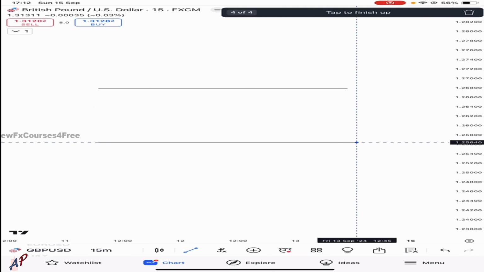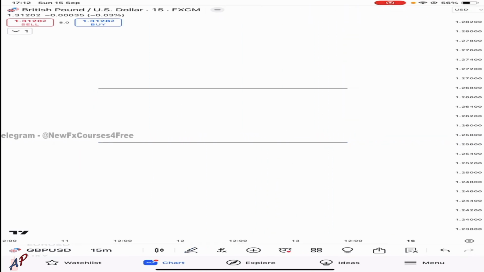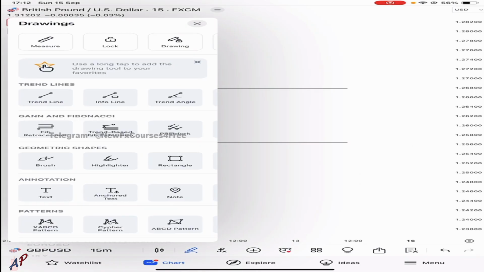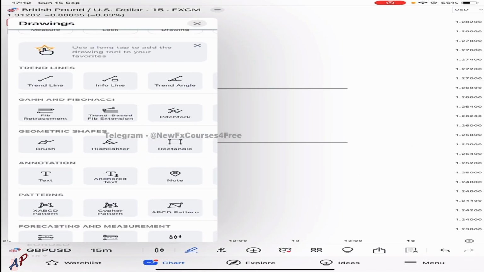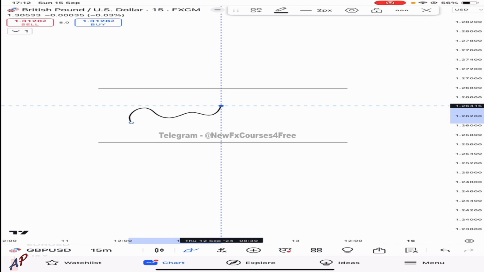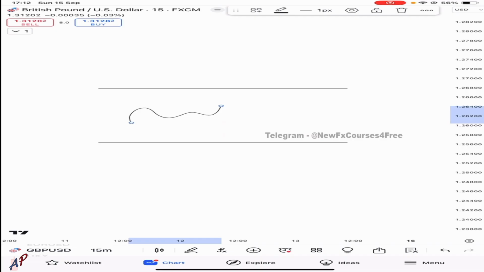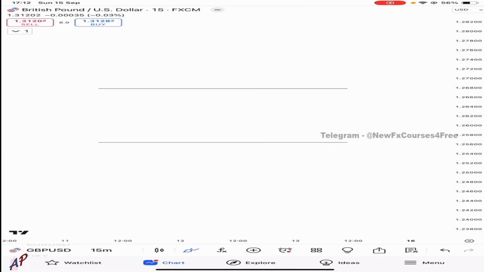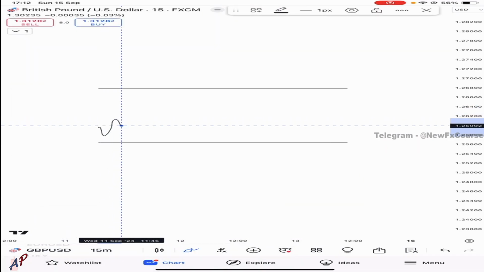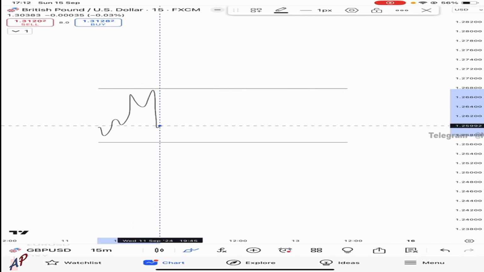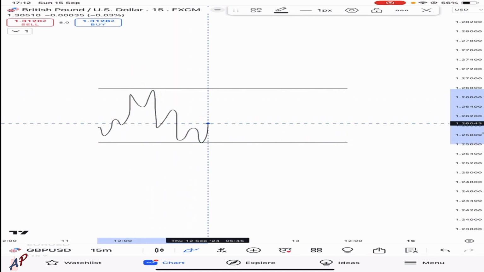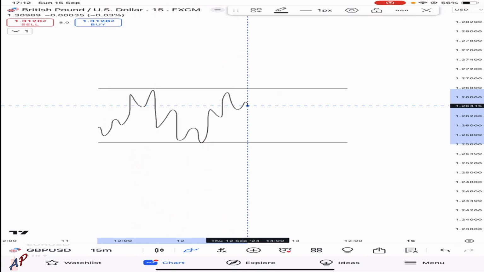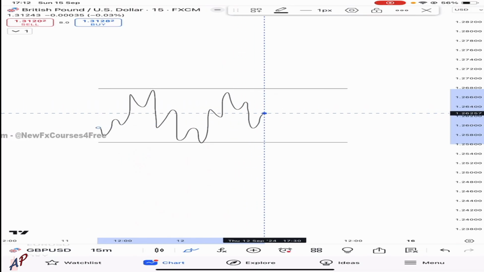So let's assume you have a clear and defined range, where price is not breaking out. Now you have what?